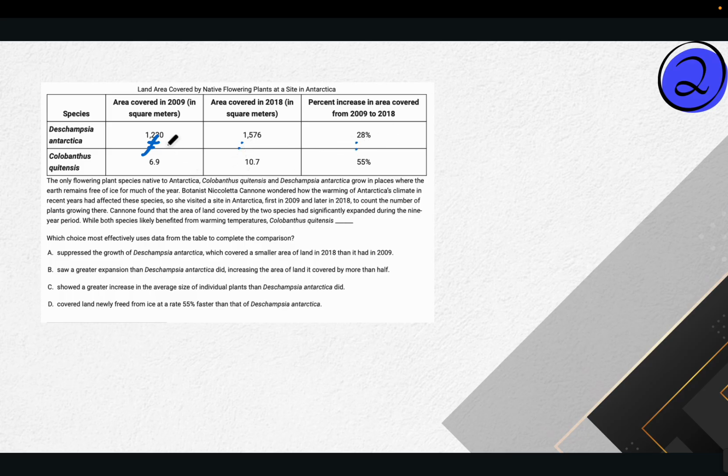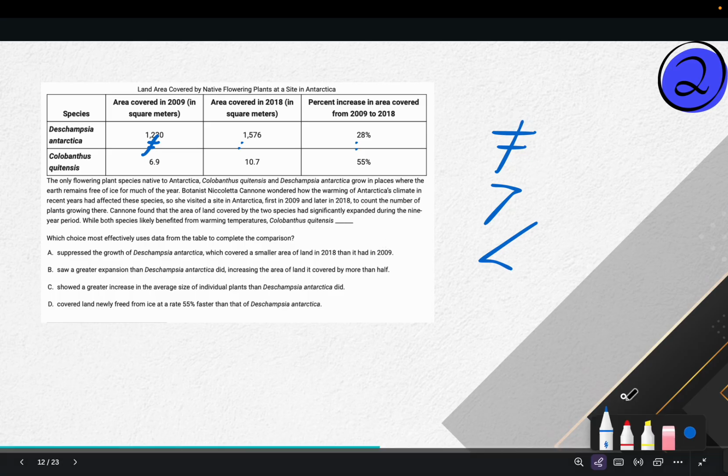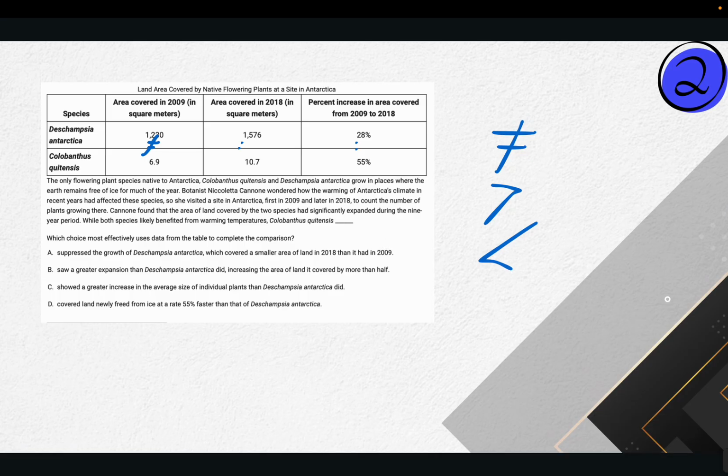This value and this value, to see if they are greater or lesser than each other. So I'm going to give you guys exactly 1 minute here, starting now.